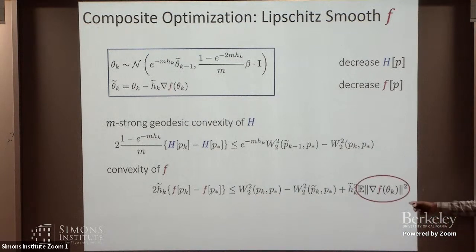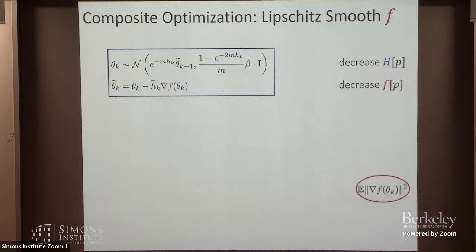And now, because we are no longer assuming that F is Lipschitz continuous, but instead Lipschitz smooth, we cannot just get rid of this term. So instead, the difficulty becomes bounding this term.